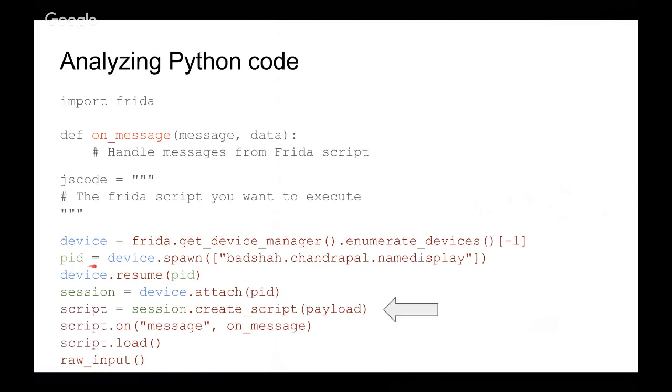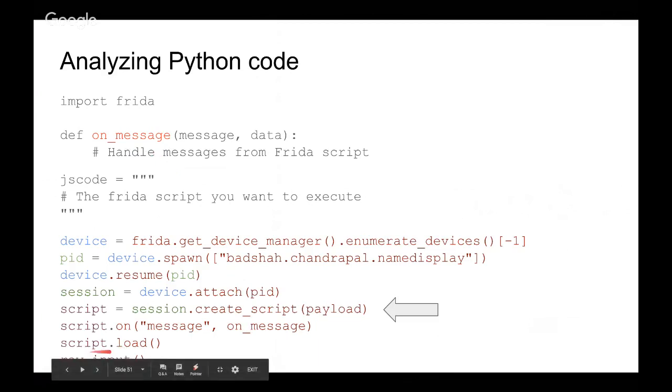Now you get the payload, which just means the JS code. This is a wrong variable, this has to be JS code. Then you load the function. You just say that, okay, when you get a message, you use on message, that is the function defined here to handle that.